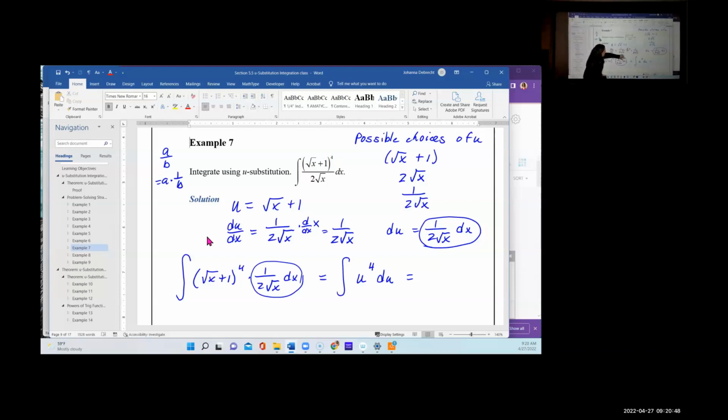And then I looked at this part right here and just noticed that this was exactly what I have written over here. So this part is du. So I can replace this entire expression with du. And then I replace the base here of the power function with u. So I get u to the 4th du.